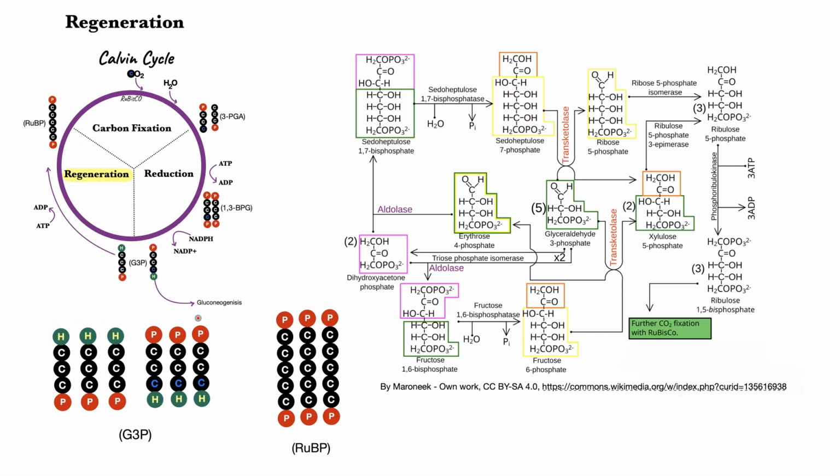So let's think about this for a process. Let's think about this running 3 times. If it runs 3 times, we're going to end up with 6 G3Ps. I hope you can get that. Good. Now, because we add the CO2 to the only 1 carbon gets to a 2 carbon system, you can see that the 3 turns gives us the 3 carbons on 3 different G3Ps.